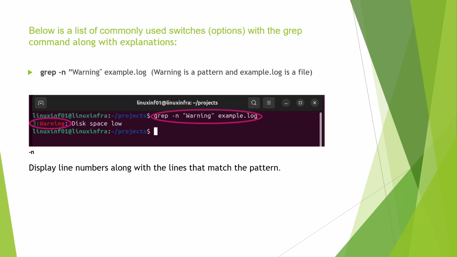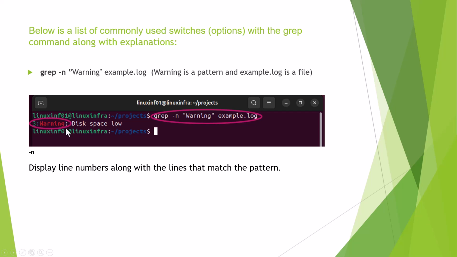Next is grep -n, and this is the pattern, and this is a file name again, and this will give you the line numbers along with the lines that match the pattern. Suppose you have 4 or 5 lines in a file, but the warning keyword is written in line number 3, so this will give you the line number and the line where it is written.